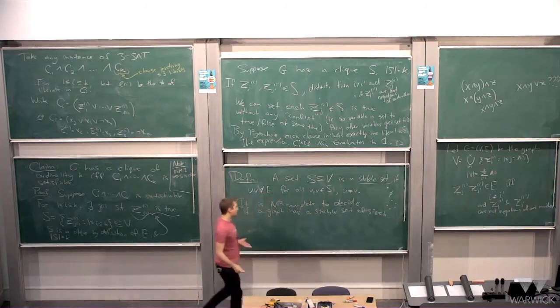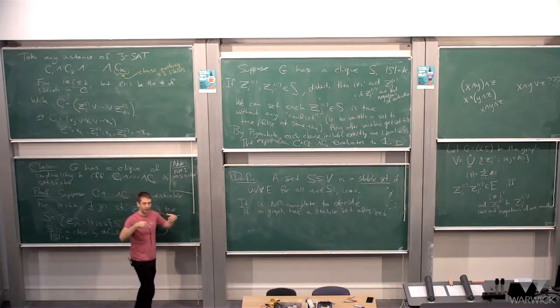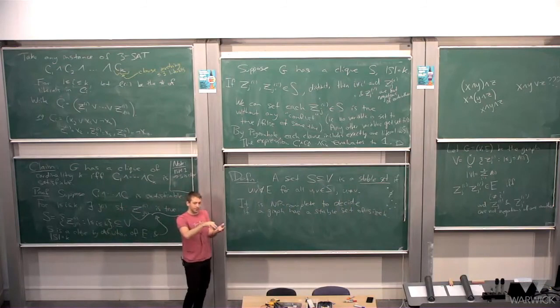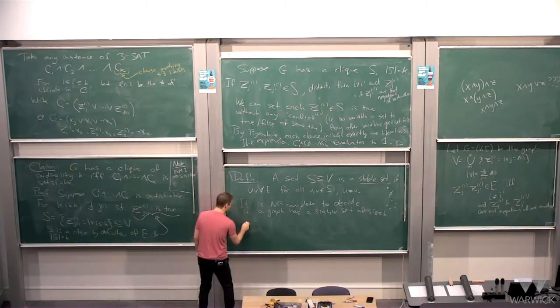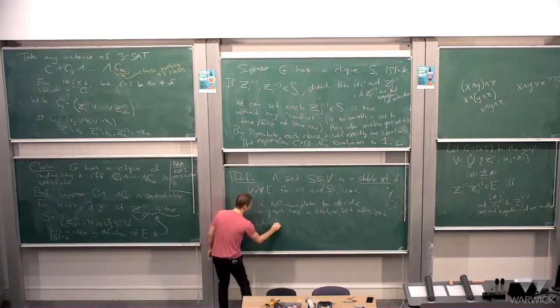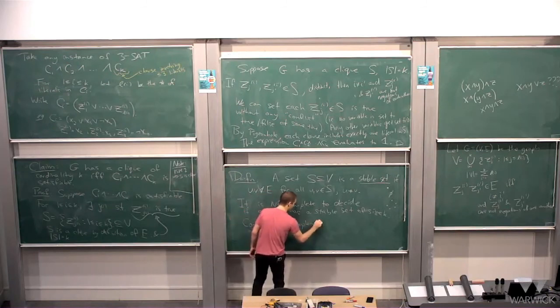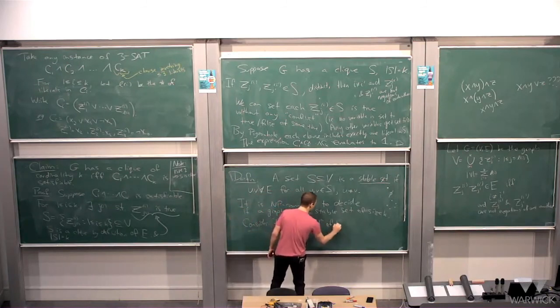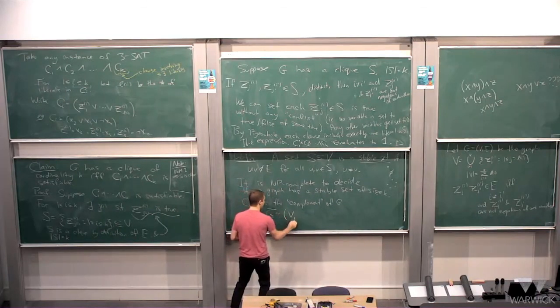right? And why? Well, basically a stable set is the opposite of a clique. A clique has all of the edges, a stable set has no edges, and so the proof is basically just to consider the complement of G, which is the graph G bar, which has the same vertex set.